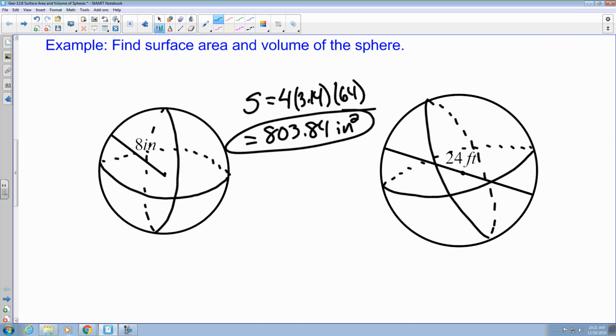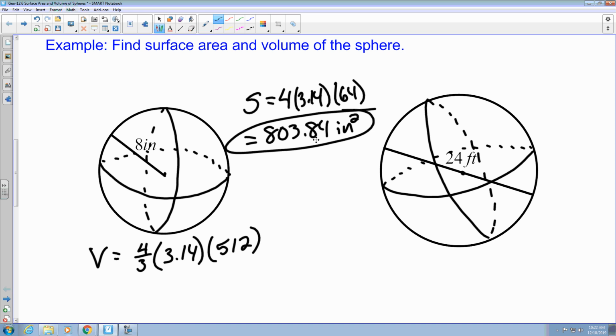All right, to look at volume, it is going to be 4/3 times pi, which is 3.14, times 8 cubed, which is 512. So I got 512 times 3.14 times 4/3.